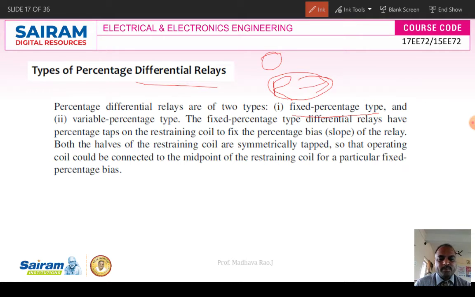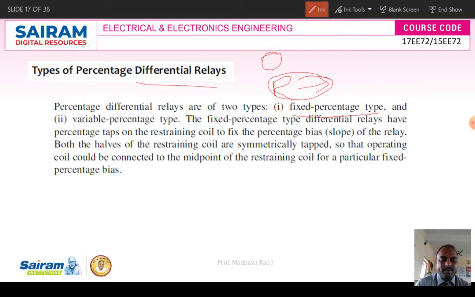But if you take the simple differential protection scheme, each relay will have one restraining coil and one operating coil, each end is connected to a current transformer, the starting end and finishing end of the current transformer, and a pilot wire is connected between the relays.